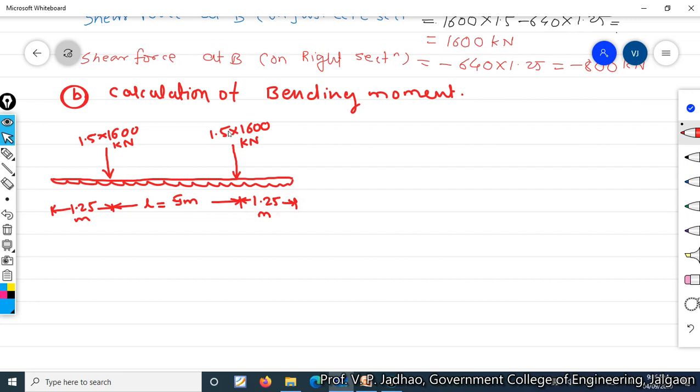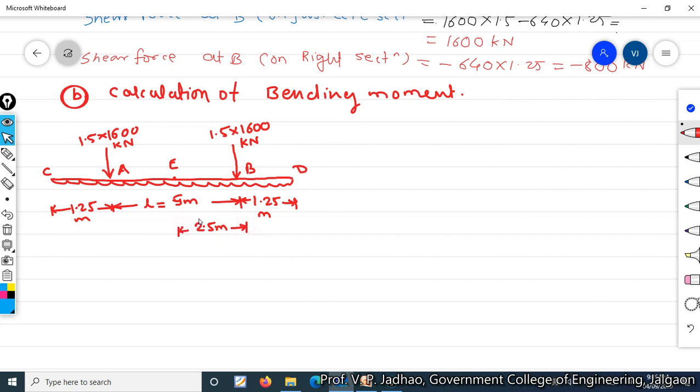Now we have to calculate the bending moment. We have point A or column A, column B, point C, point D. Let us consider this is the mid span, let us consider this as E, and this distance is 5 by 2, or 2.5 meters.